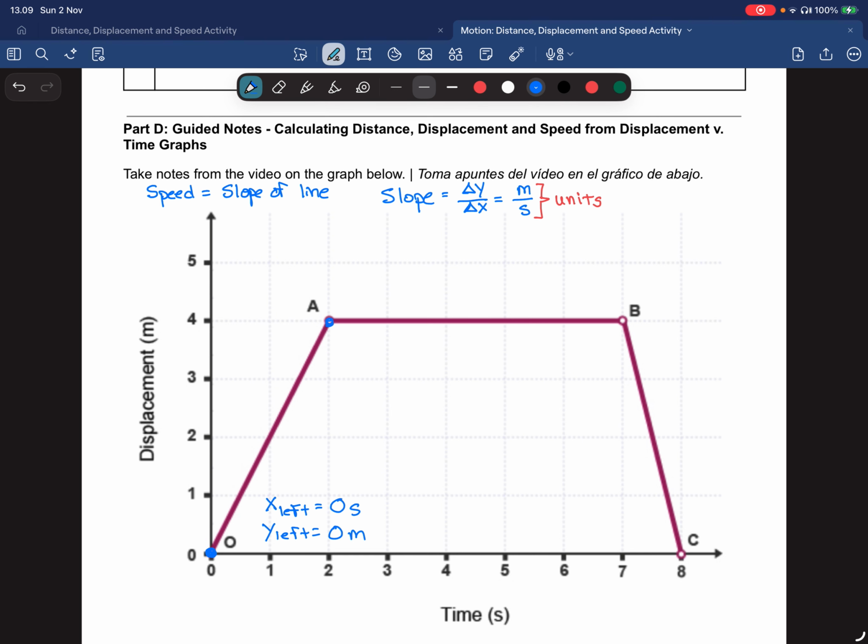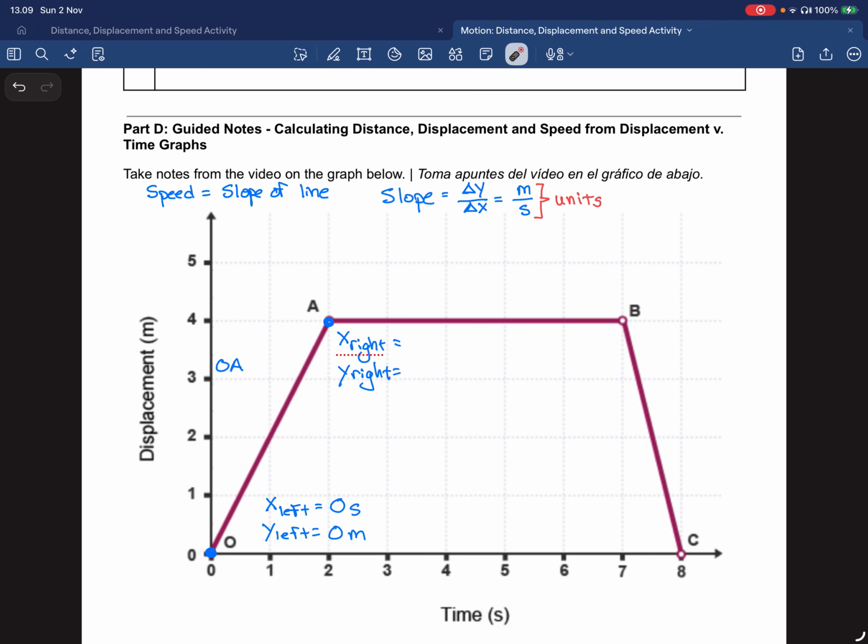Then you go up here to A, because this is the OA segment, and you find the x right, y right. Well, x right is 2 seconds.